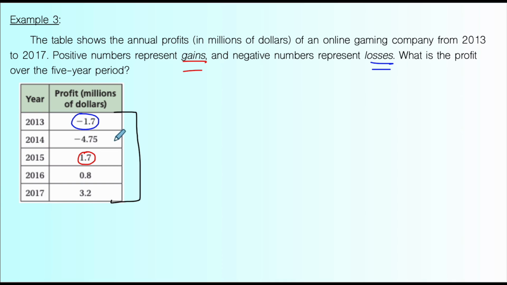I think it would be smart to, instead of just adding them right in order, anytime you add, so let's add 1 plus 3 plus 2, you can change the order. You could do 3 plus 1 plus 2 if you wanted, and it wouldn't change the final answer. So when you add numbers, you can add them in any order that you want, and you'll still get the same final answer.